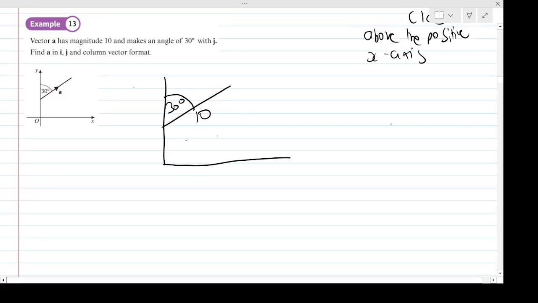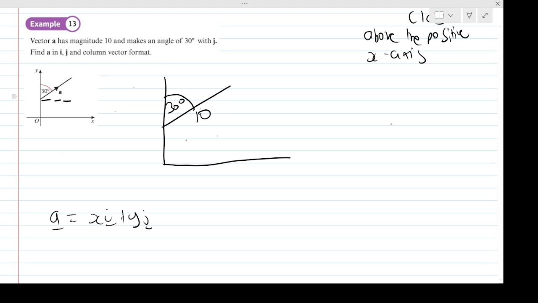And so the question is talking about finding A in i and j in vector format. What that means is we need to express A in the form of xi and yj, so we need the i and the j component. If we have the vector A here, then the i component is basically the x coordinate, the x part.